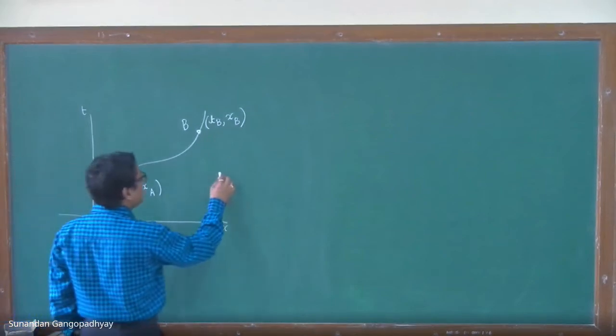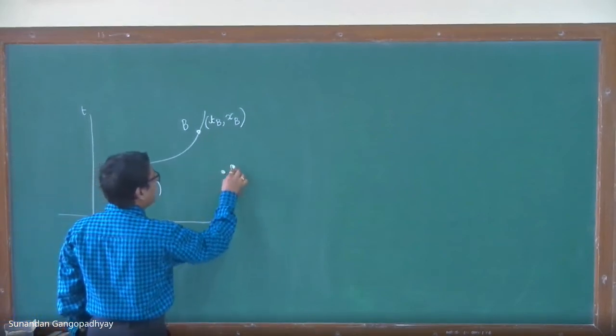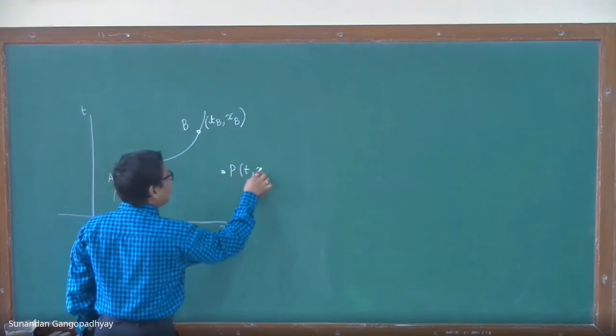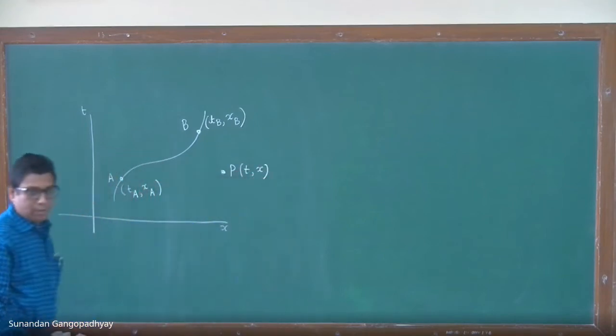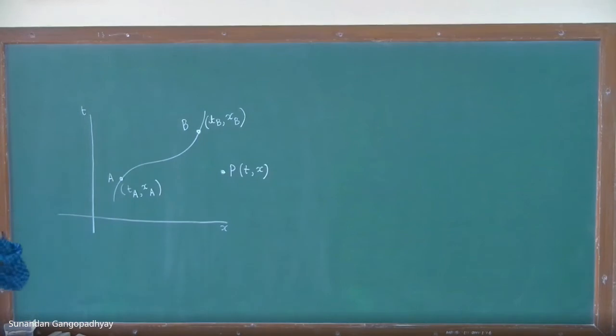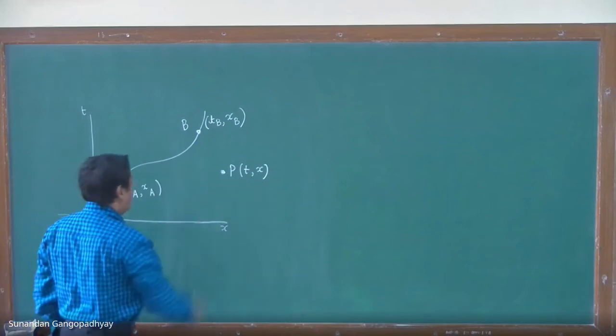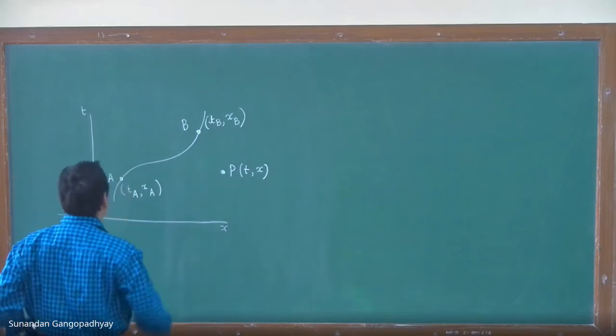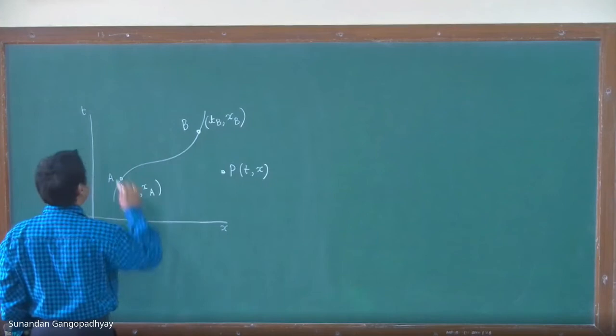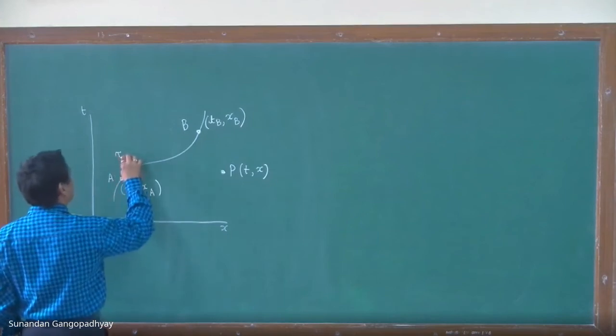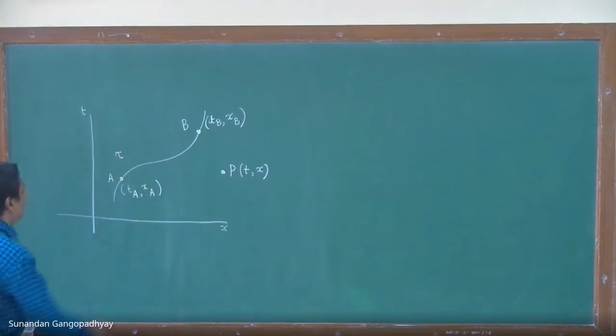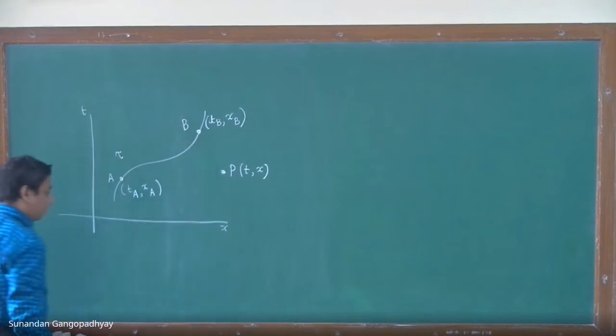We also considered an event P whose coordinates are T and X. So this is what we assumed. This is the coordinate of an event as measured from this. And the proper time of this observer is tau, who is moving along this trajectory in the x direction.